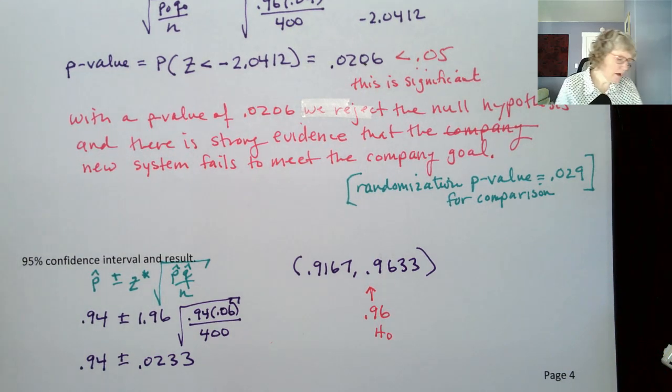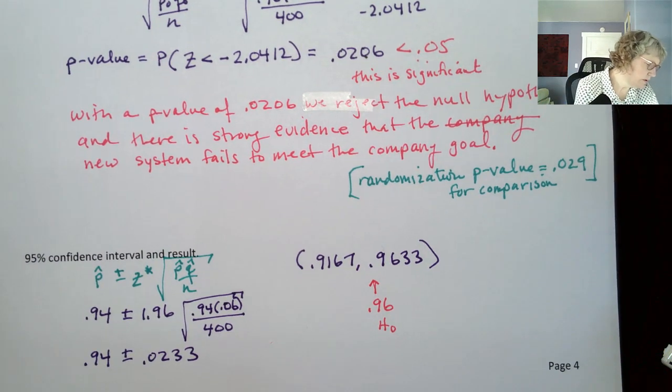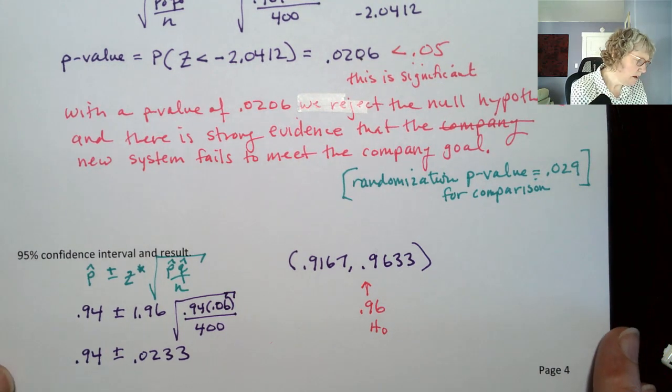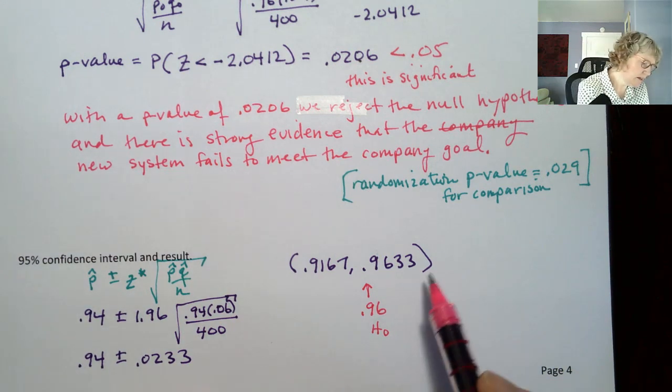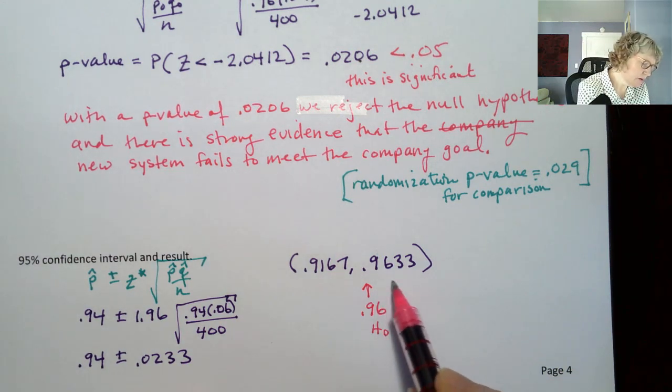0.96, that's our null value. So it's in, so that actually supports the null hypothesis. Interesting. It is kind of close though, because it's on the edge, right? It's right near 0.9633.